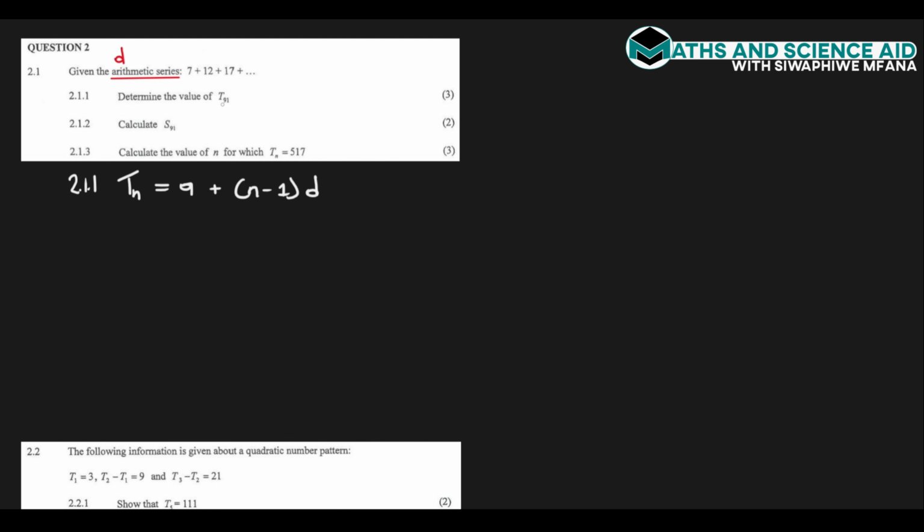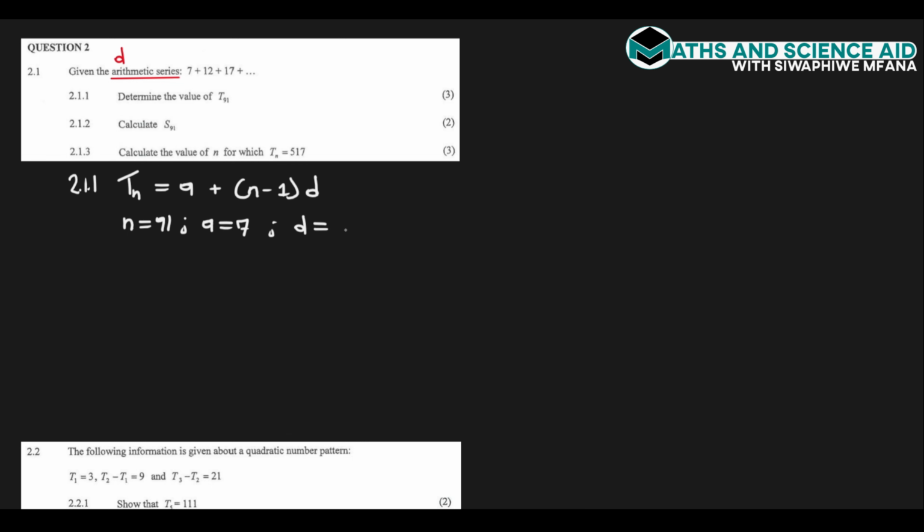In this problem, we need to determine the value of term number 91. This simply means that n = 91. The value of a is the first term, which is 7. And lastly, we need to determine d, the common difference.